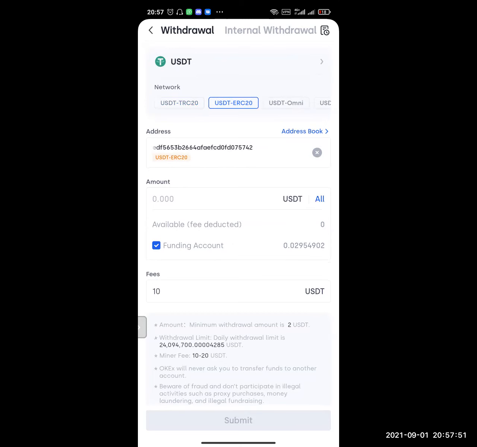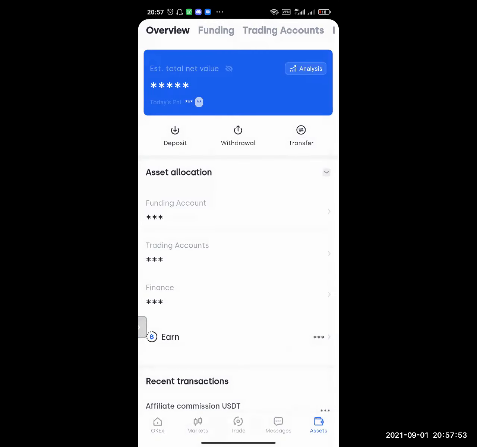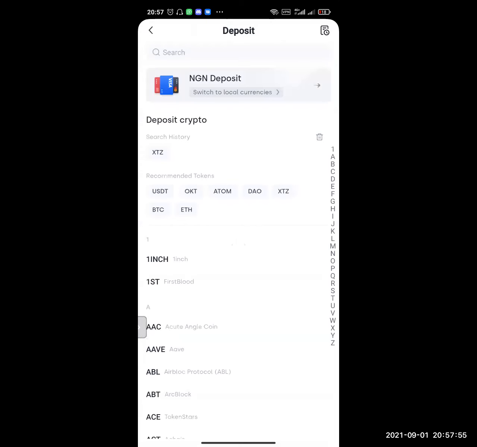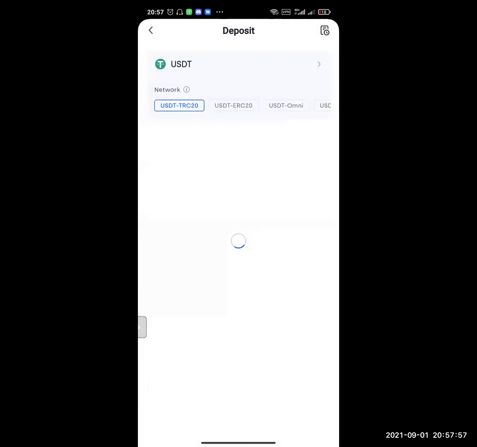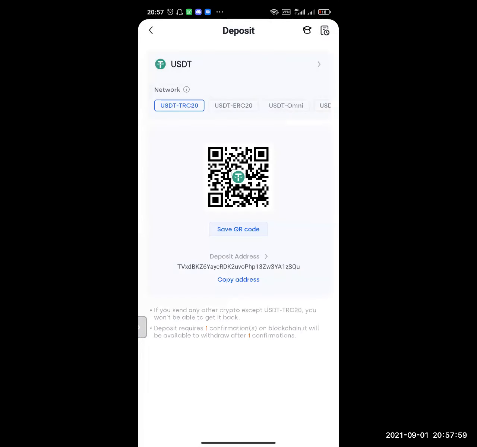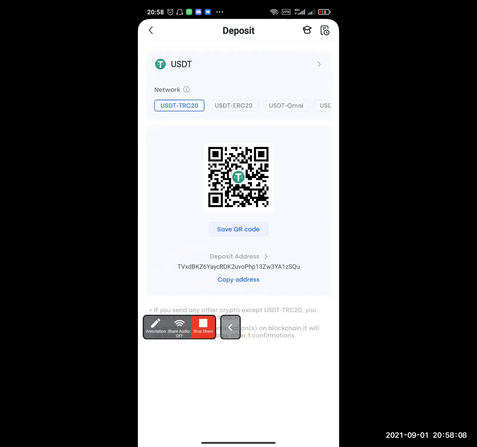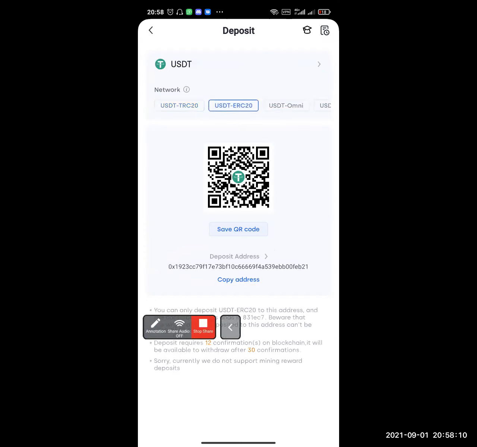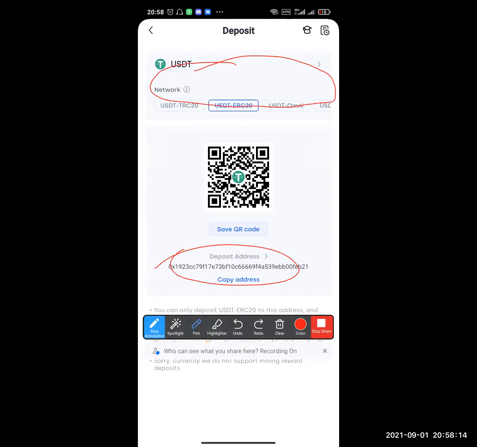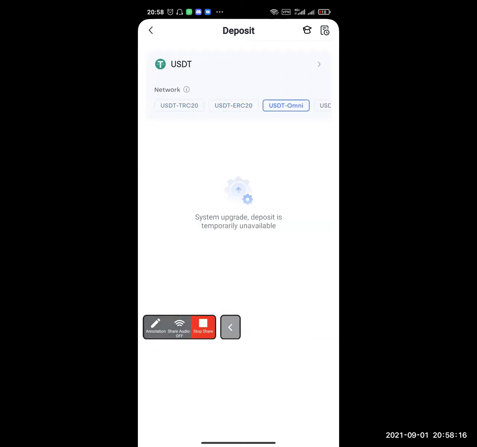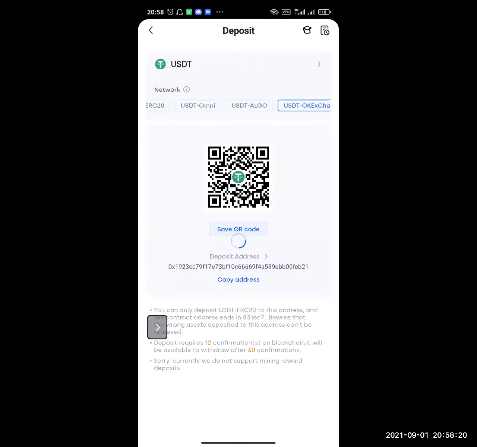So let me use deposit and show you. Now, TRC20, the address starts with T. If I switch it to ERC20, the address will change to 0x.